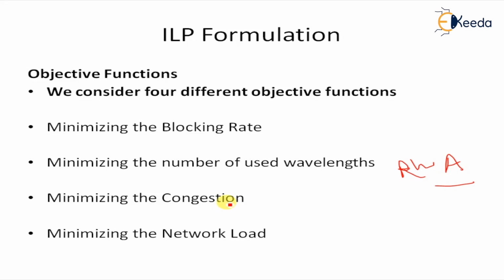Last is to minimize the network load. Consider that there are enough wavelengths so that we can accept all the connection requests. Even if each fiber link can support up to W wavelengths, it is not always necessary to light all of them. In that case, some electronic equipment can be saved at the node.